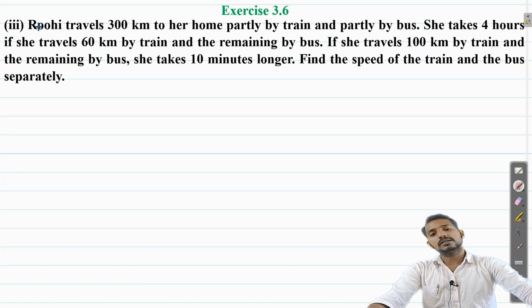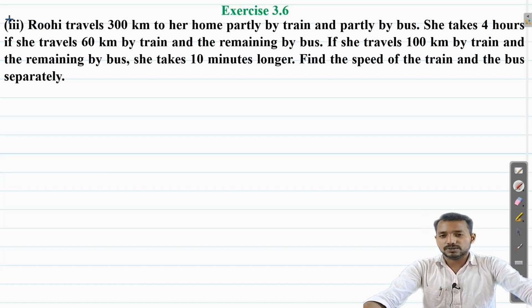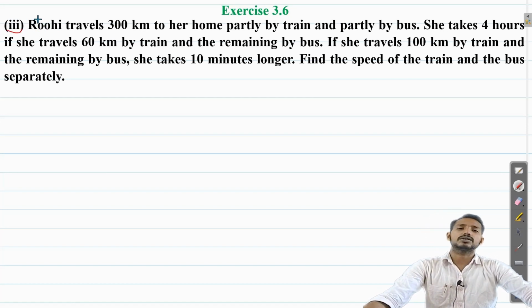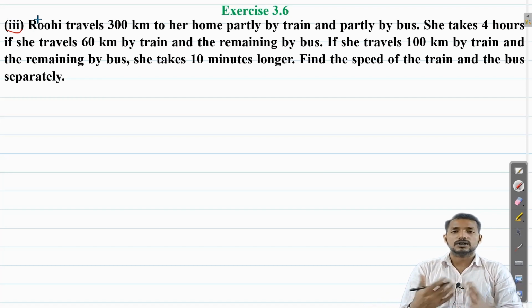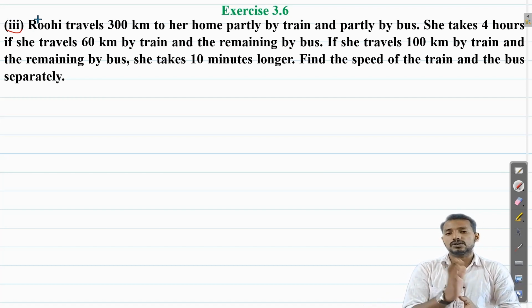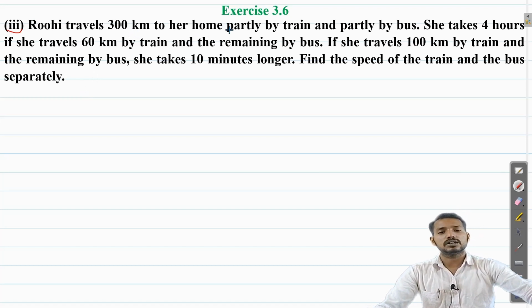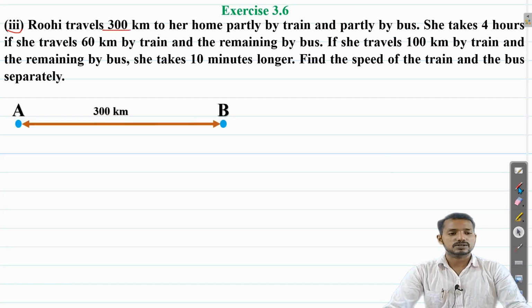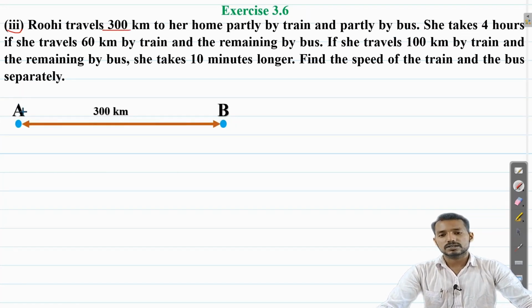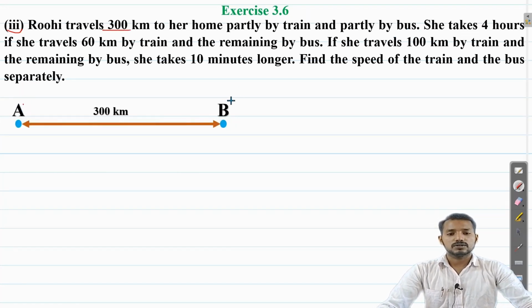This is another important kind of question, and these types of questions are usually asked in the long answer section of your board examination. Ruhi travels 300 kilometers to her home, partly by train and partly by bus. So the total distance between her starting point and home is 300 kilometers.